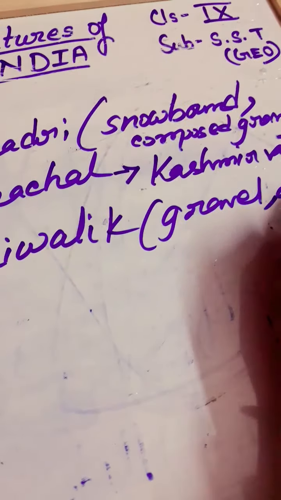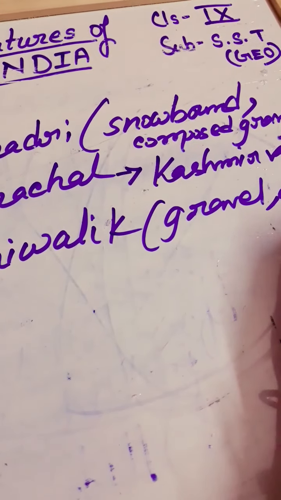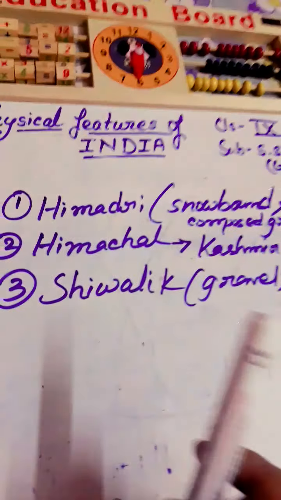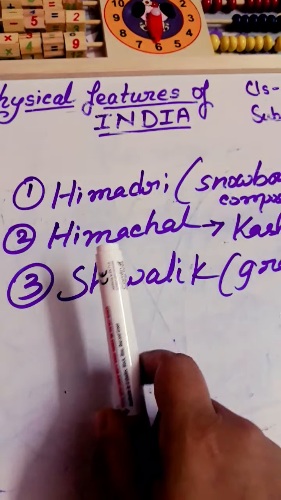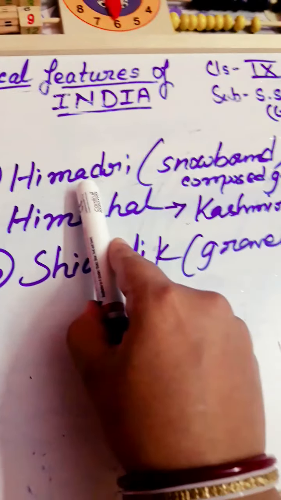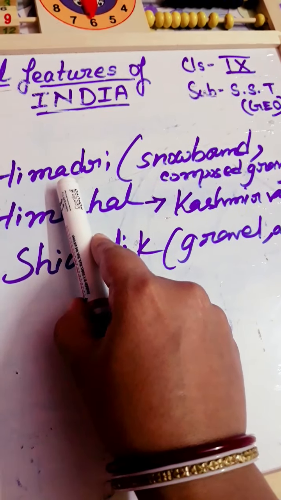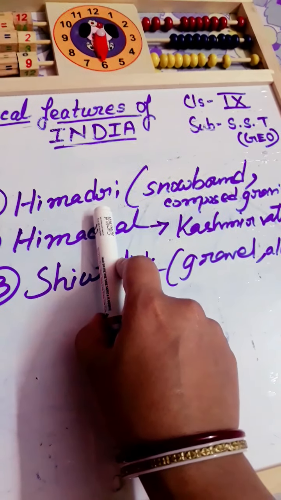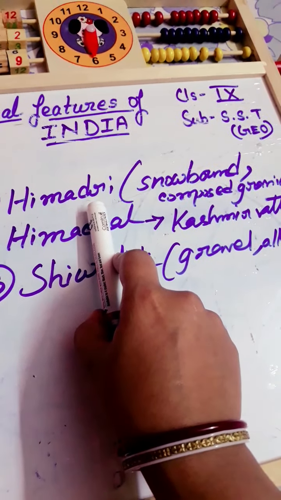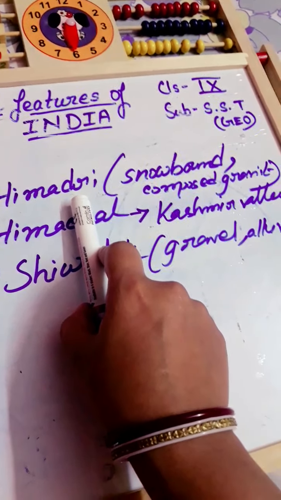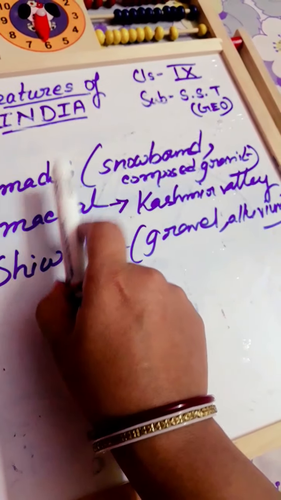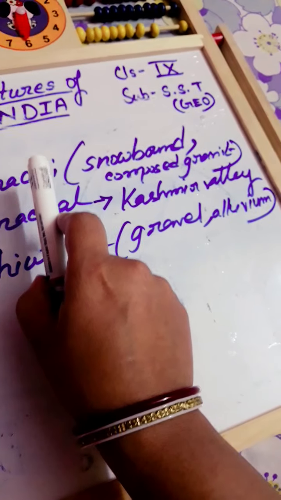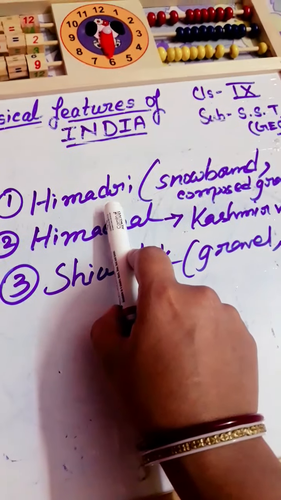Why, do you know? Actually, I have discussed that Himadri is the northernmost portion and that is snowbound. Why snowbound? Because different types of glaciers can be found in that area, and it is the main origin of different mountainous rivers.